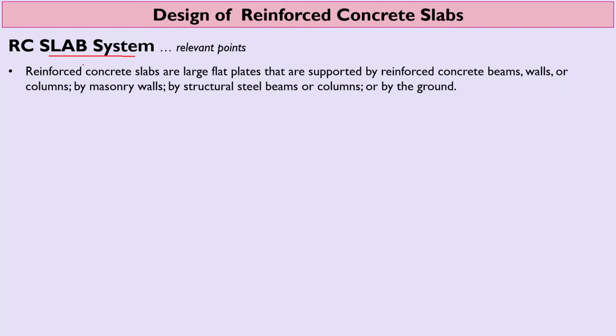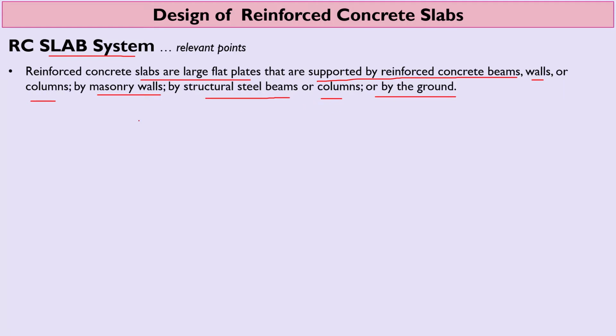Reinforced concrete slabs are large flat plates. They are supported on reinforced concrete beams, or on walls or columns, by masonry wall, by structural steel beam or column, or by ground.